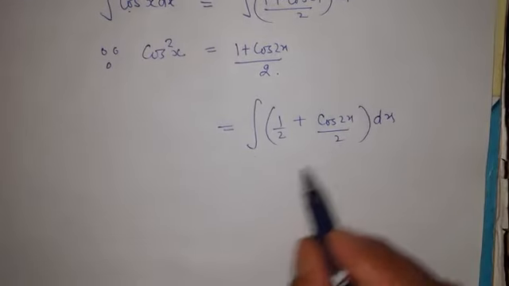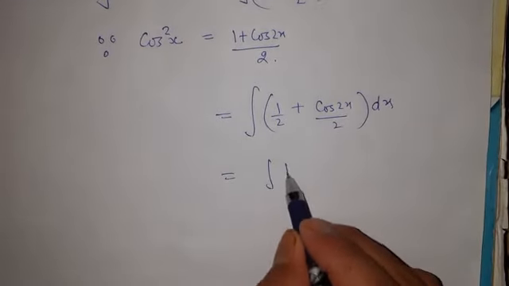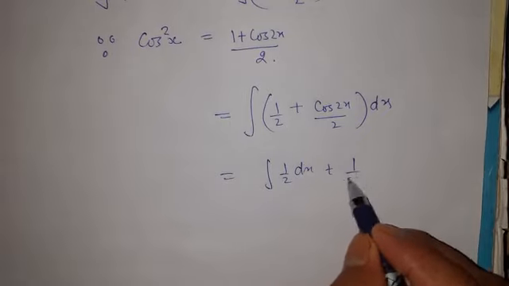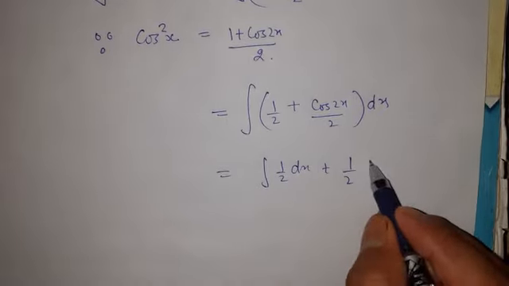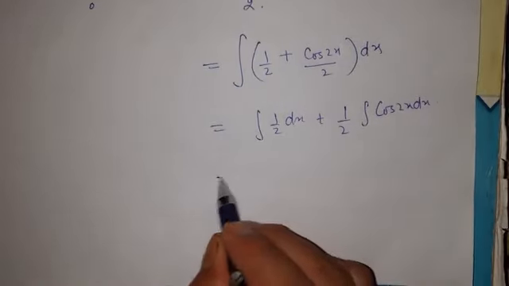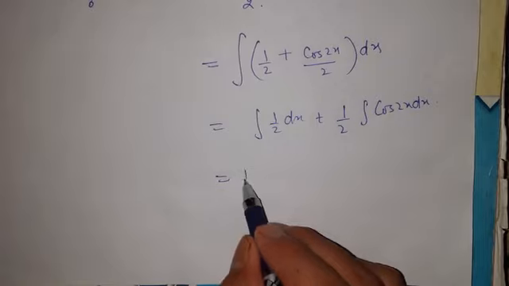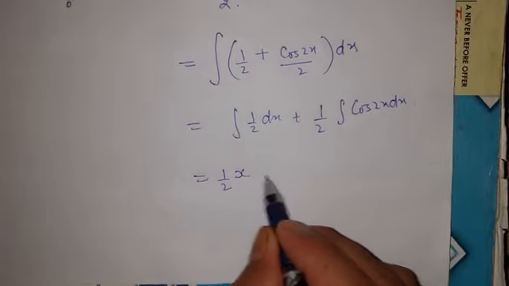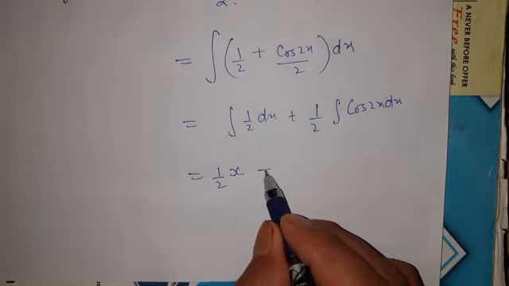Now it is in u plus v form, so we get 1/2 dx plus 1/2 outside and the integration of cos 2x dx. The 1/2 is a constant, and the integration of dx is x.